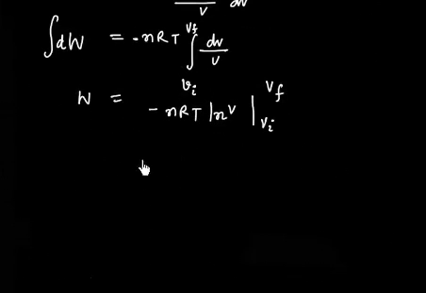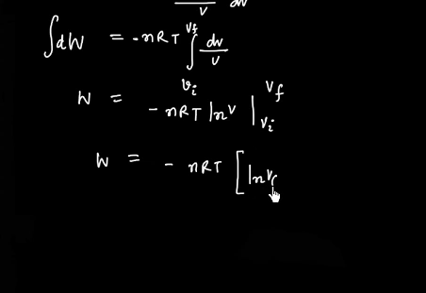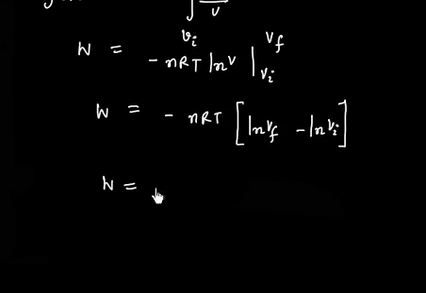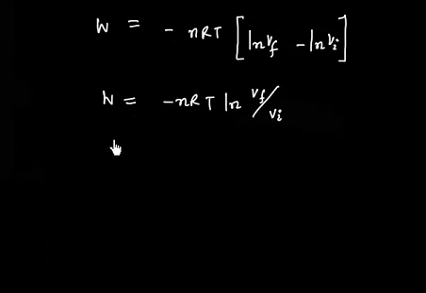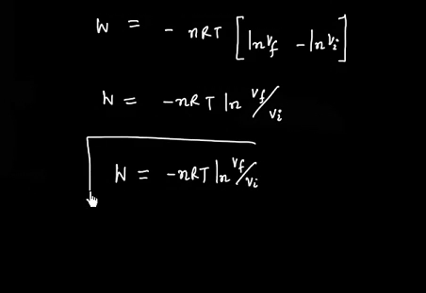So we will have here W is equal to minus nRT (ln Vf minus ln Vi). So if I use the logarithmic formula, that is ln of final Vf by Vi. So basically in this case work done will be minus nRT ln Vf by Vi.